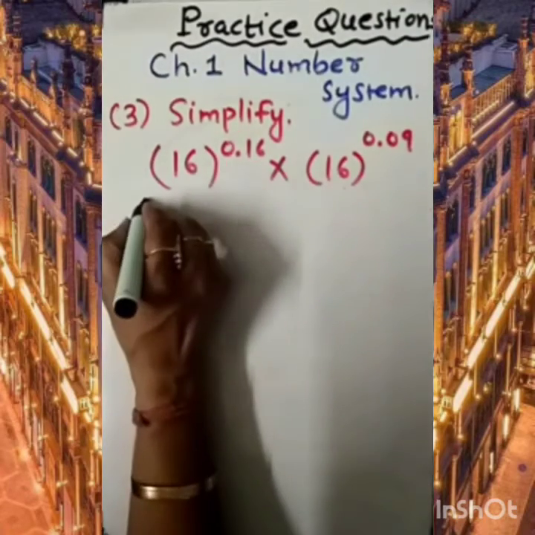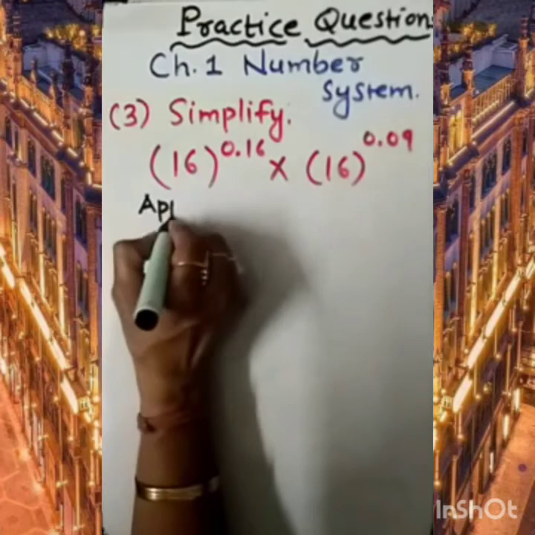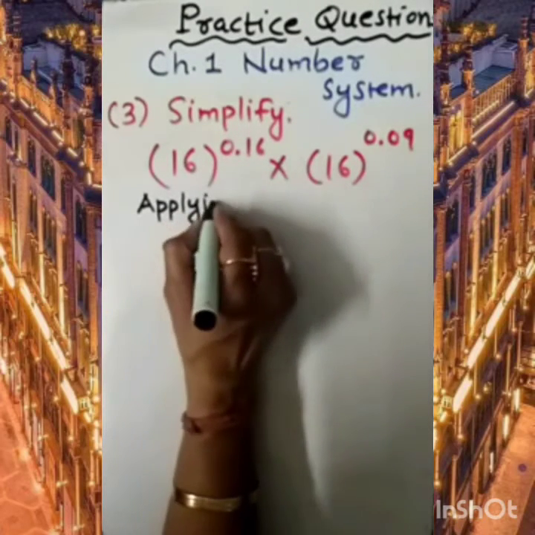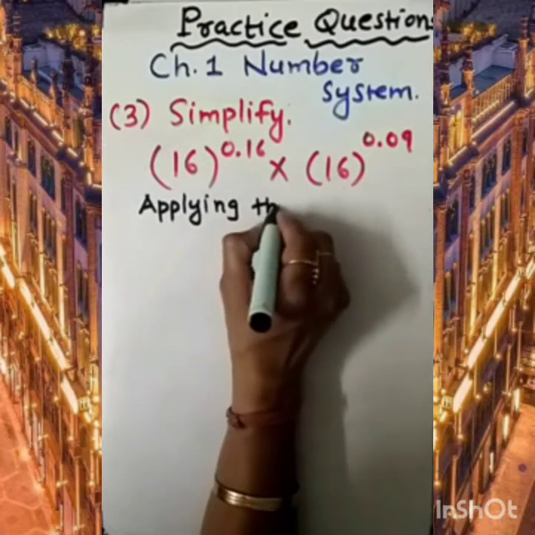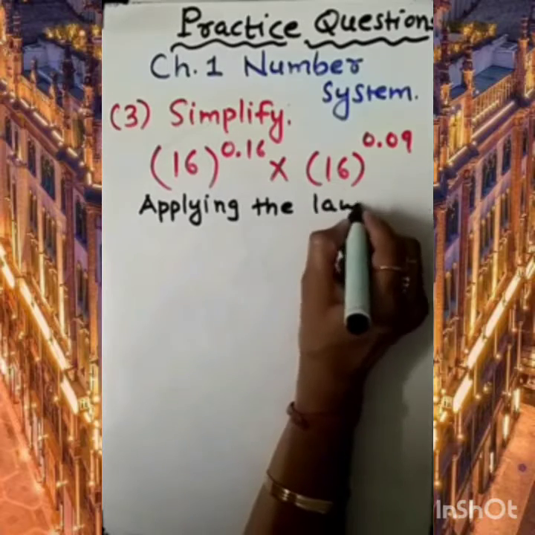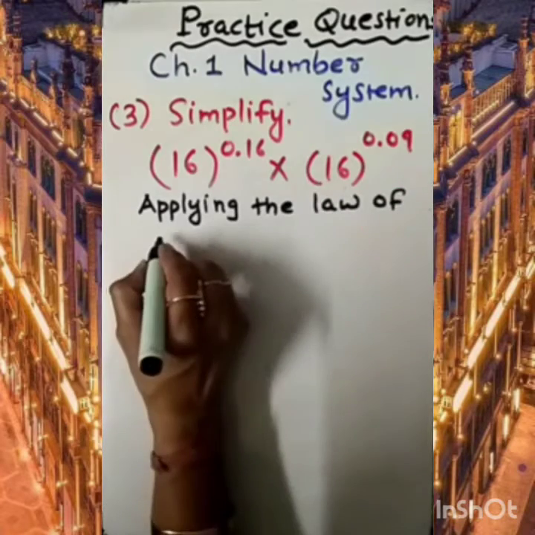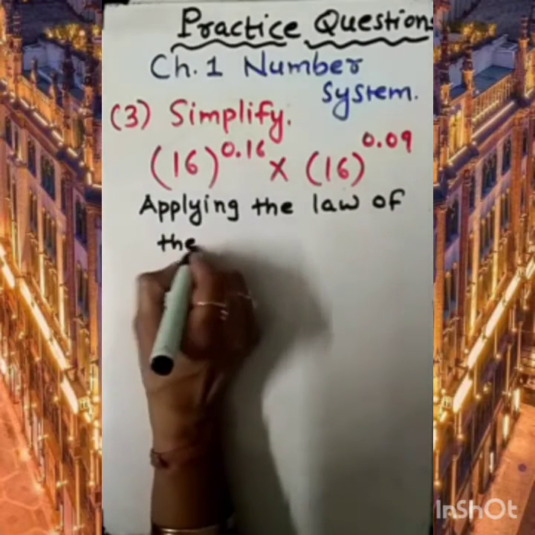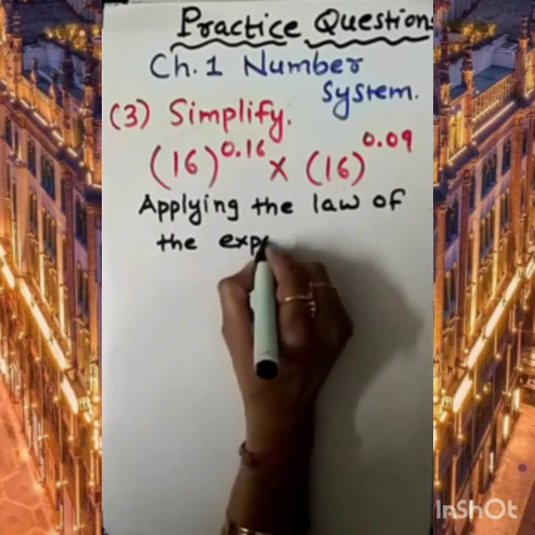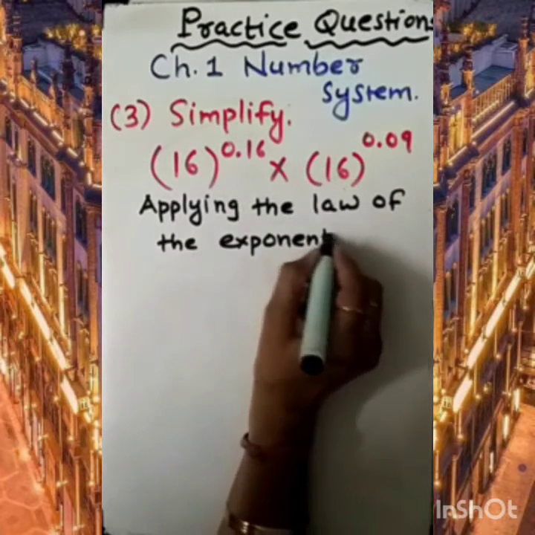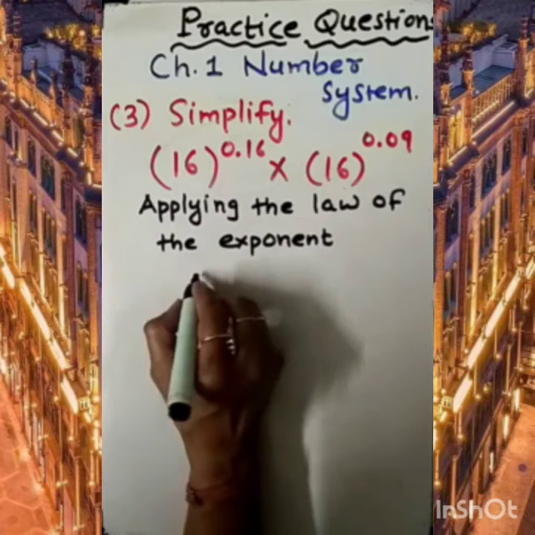So here we are going to apply the law of exponent. Okay. So here we need to write, applying the law of exponent. For that, we know the law of exponent.